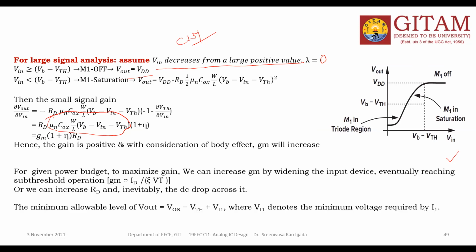The minimum allowable level of output voltage is equal to VGS minus VTH plus VI1, where VI1 denotes the minimum voltage drop across I1.